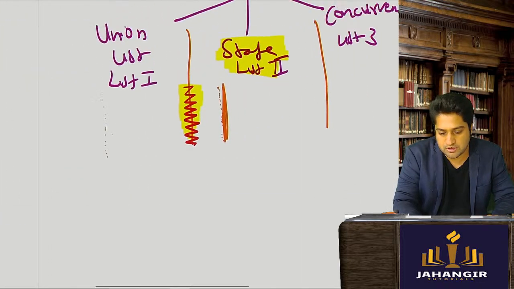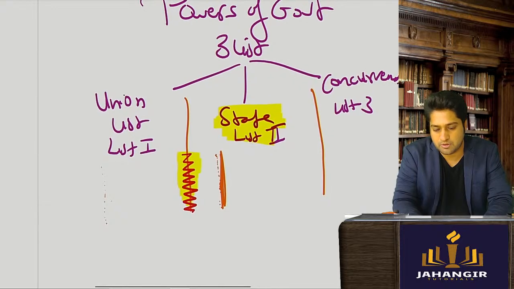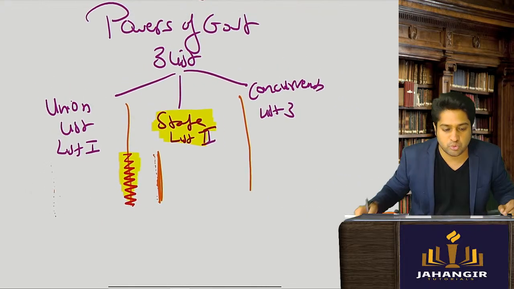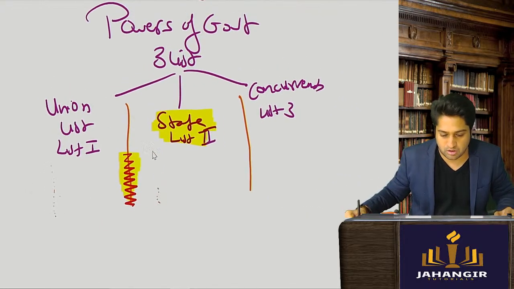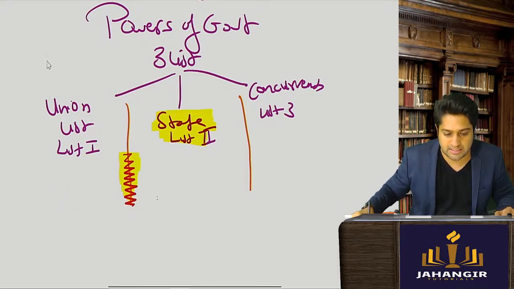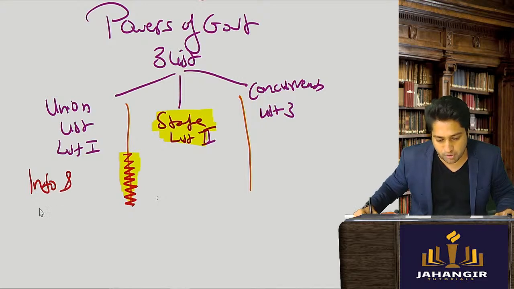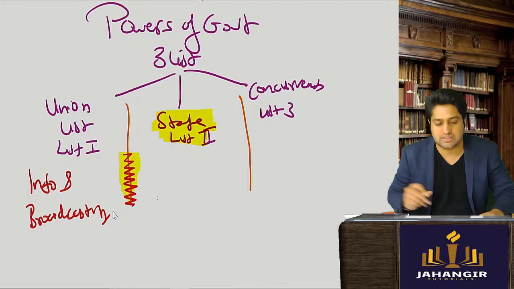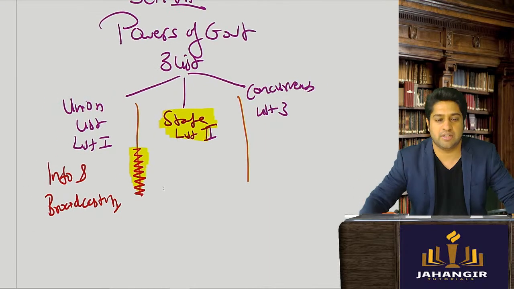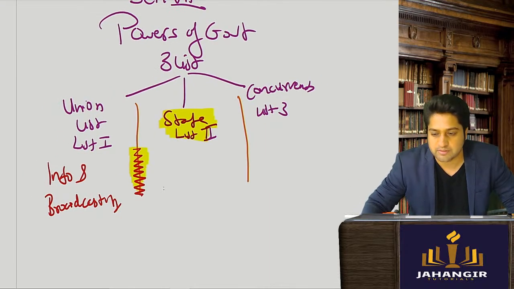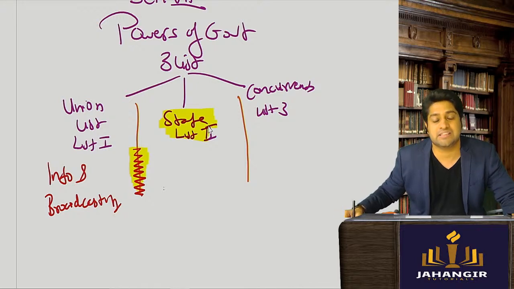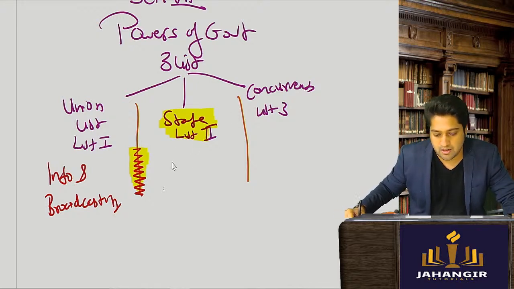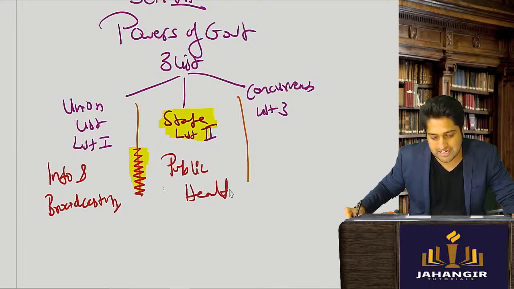Now in the list, it was mentioned that the Union government can make a law with respect to information and broadcasting. Broadcasting laws can be made by the Union government. And in the State list, public health and sanitation was given.